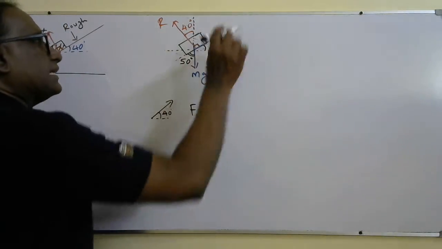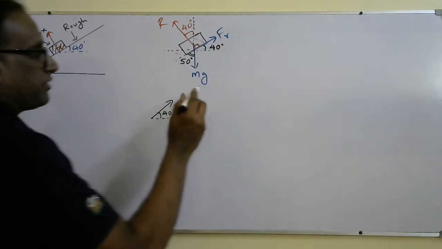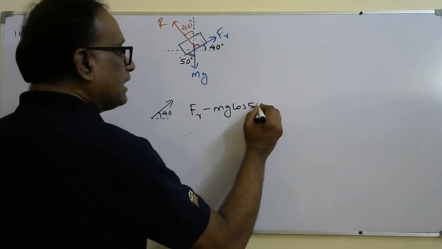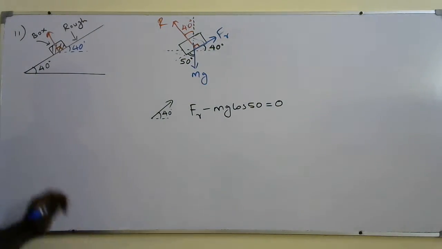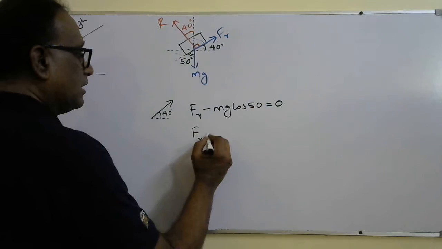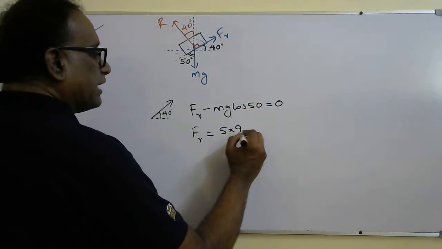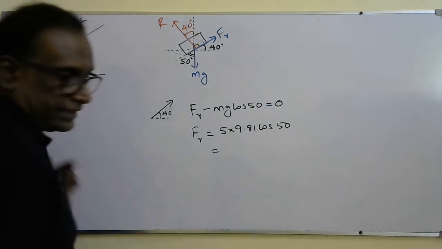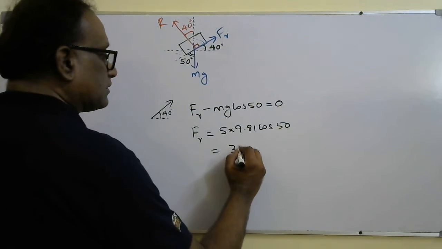So along this direction FR, if I resolve, FR minus mg cos 50 equal to 0. So find the FR. FR is equal to mg cos 50. So that is mg is 5 into 9.81 cos 50. Solve it. You will get the answer. That will be equal to 31.5 Newton.